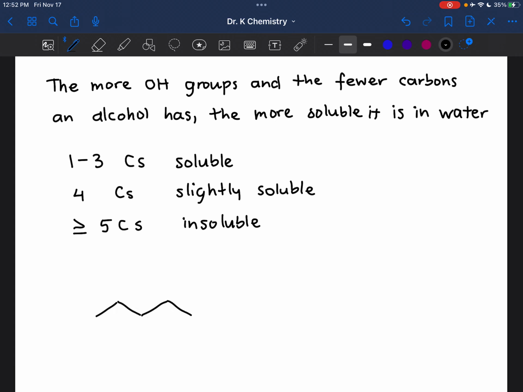And note that you can actually make a chain more soluble by just adding more OHs. So if I have one OH group, that wouldn't be particularly soluble in water. But if I take 5 carbons and I attach a few more OH groups to it, that starts to increase its solubility because now I have more and more hydrogen bonding interactions that can compensate for the nonpolar interaction.